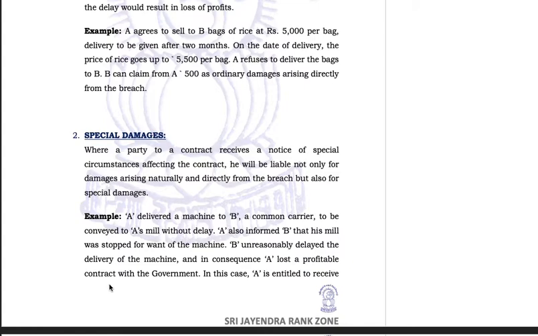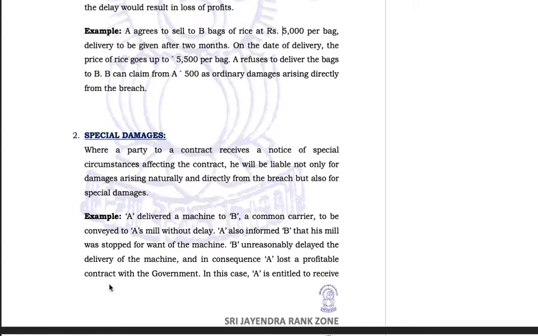Suppose in the case of Hadley versus Baxendale, if D was informed that if you do not deliver it, the mill shall remain suspended for the next 5 days and will definitely incur loss of profits for 5 more days, then they would have been made liable to compensate Hadley for these extra 5 days of non-working of the mill. That is a case of special damage awarding in cases when the other party already has previous information.